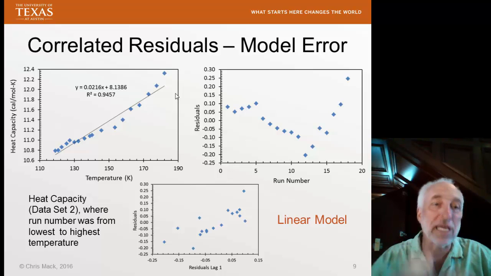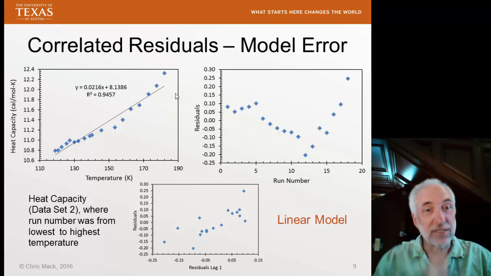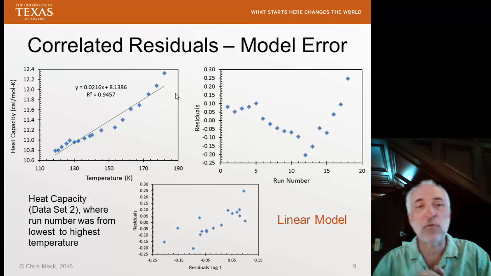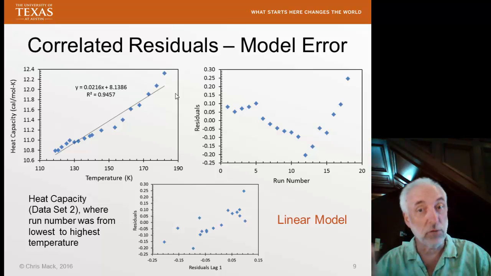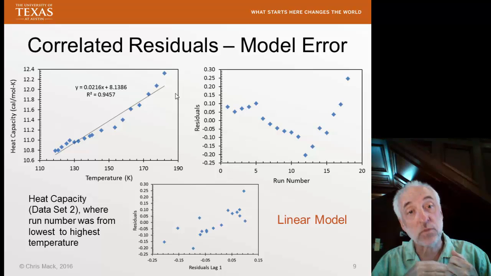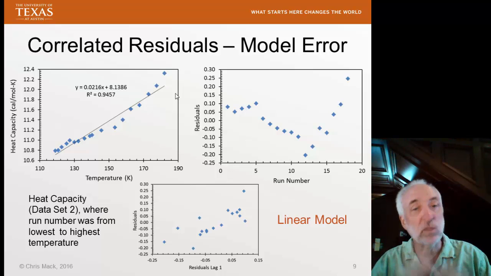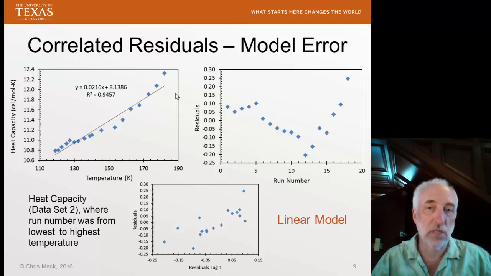I dial it up to 120, I make another measurement. Right? So I change the temperature in the exact same order as I'm changing the run order. In which case, any kind of experimental drift will be completely involved with temperature. There's no way to separate them.